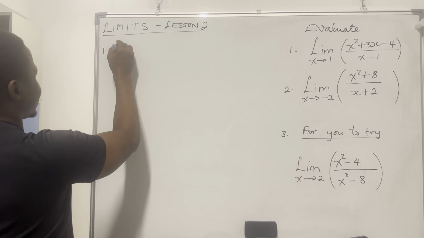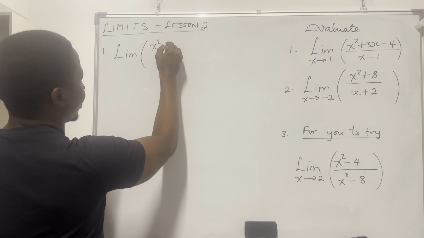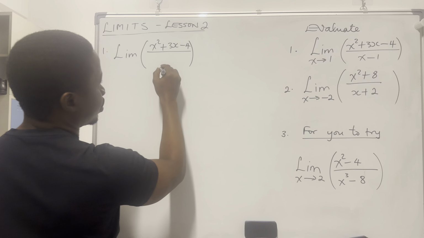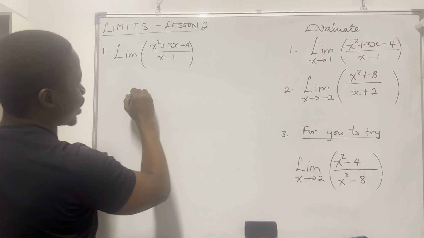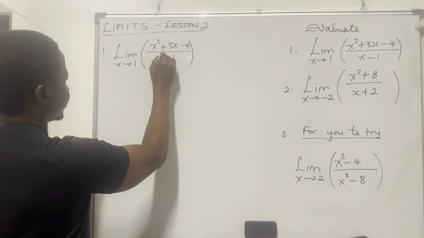The first one says to find the limit of x squared plus 3x minus 4 over x minus 1, x tends to 1.